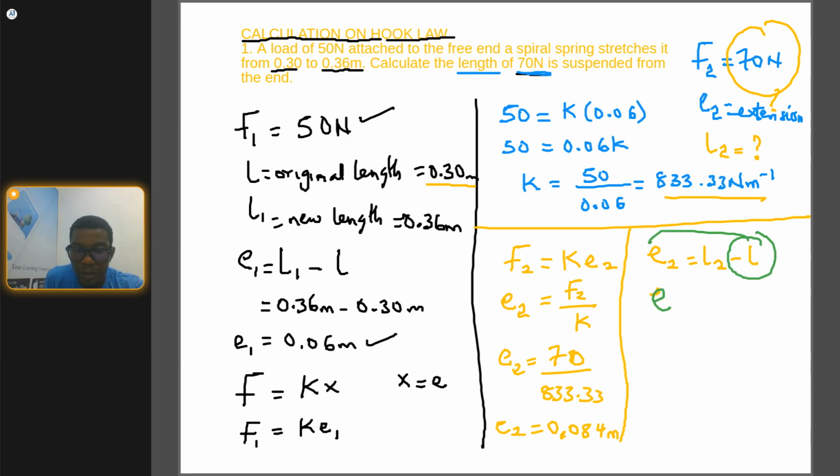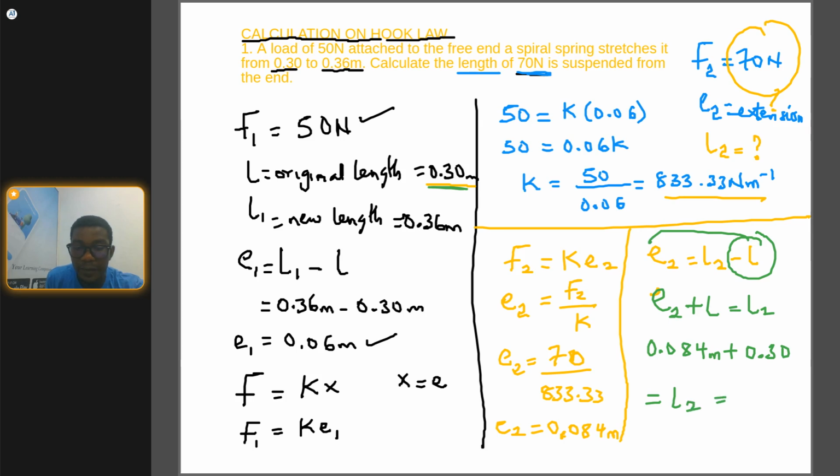We have E2 plus L equals L2. E2 has been solved to be 0.084 meter plus L, which is 0.30, equals L2.